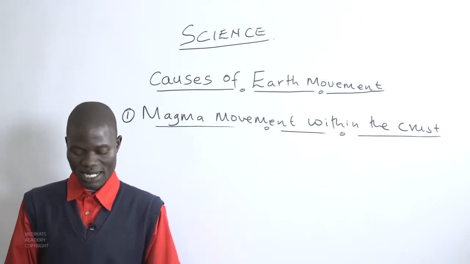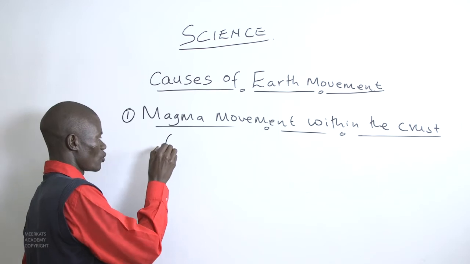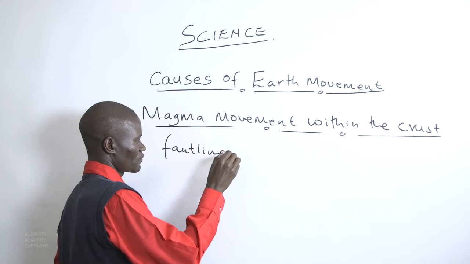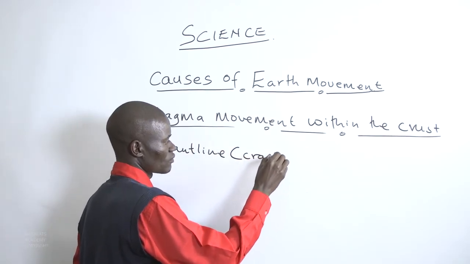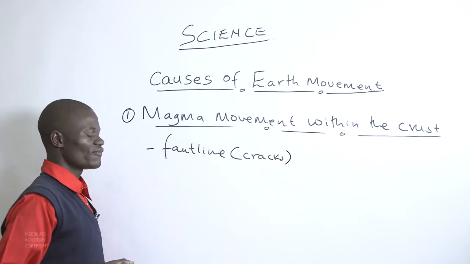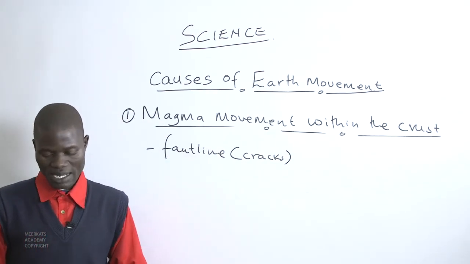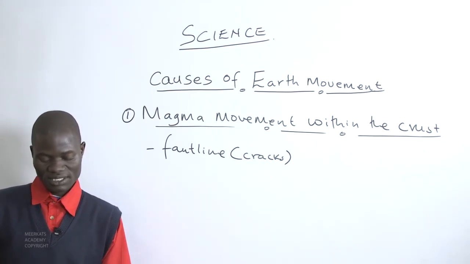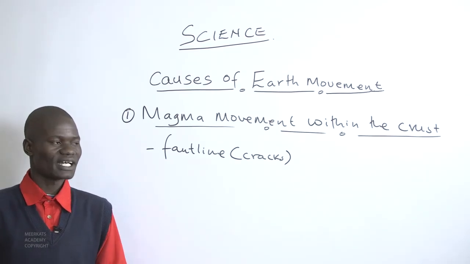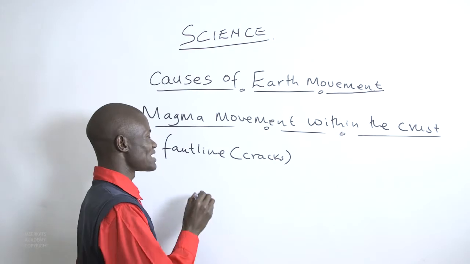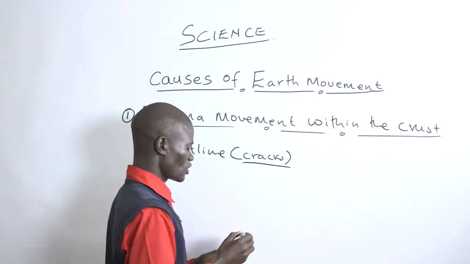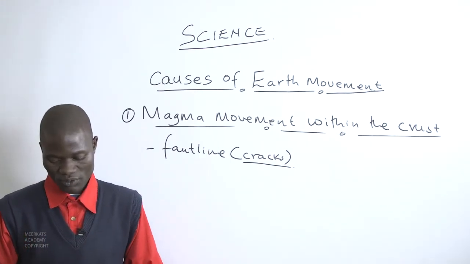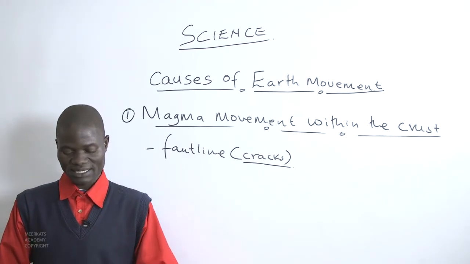When fault lines or cracks occur on the crustal surface of the earth, the rocks in the interior, that is the magma, will tend to find a way of coming out, flowing out forcefully into the earth's crust.